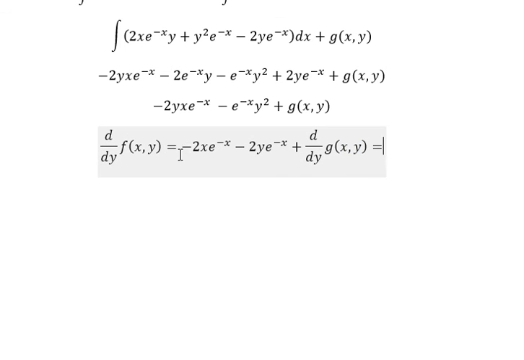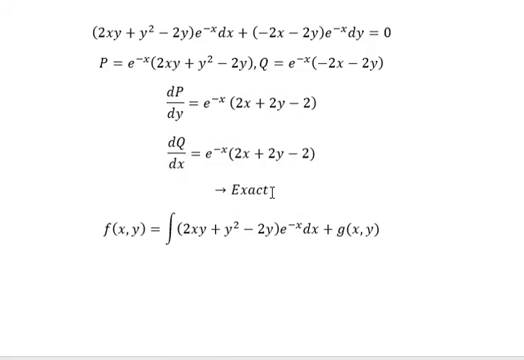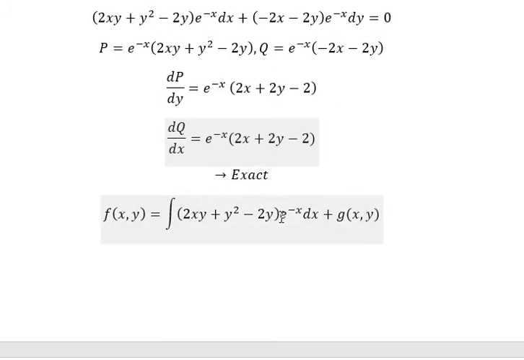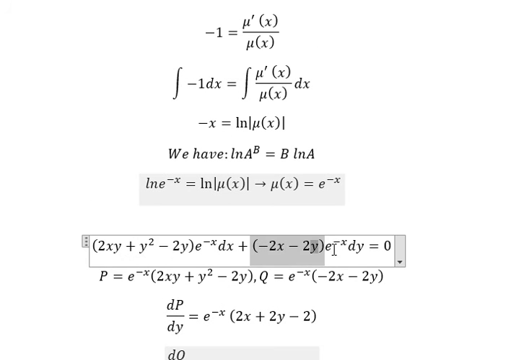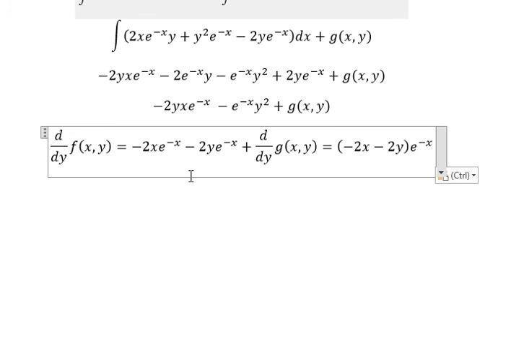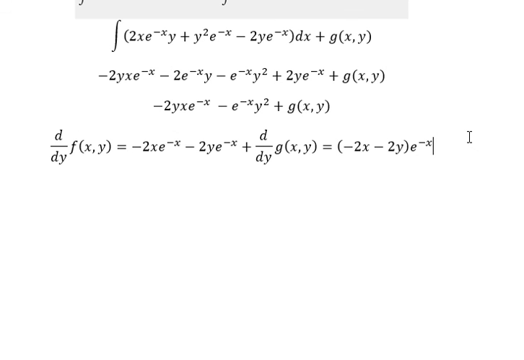So we know that this one equals to this one in here. So this one and this one, they cancel. So we just have number 0.